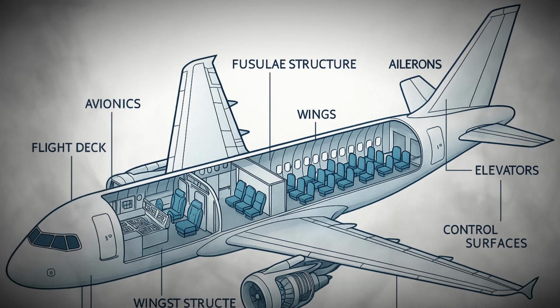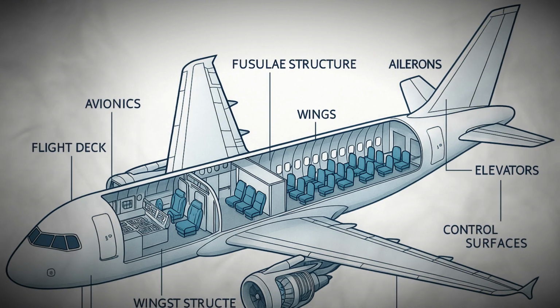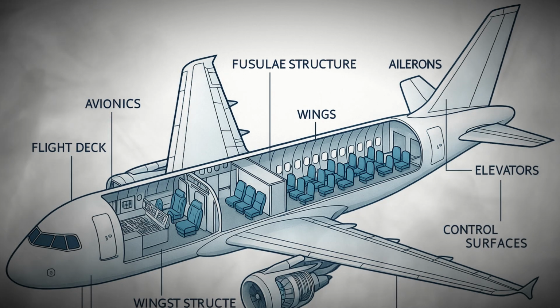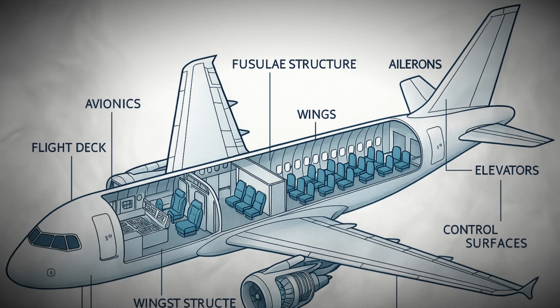When the pilot moves the side stick, sensors detect the input and send it to computers, which then command hydraulic actuators to move the control surfaces. Fly-by-wire allows for greater precision, lighter aircraft structures, and enhanced safety features, as the computers can filter inputs to prevent dangerous maneuvers that might overstress the airplane.